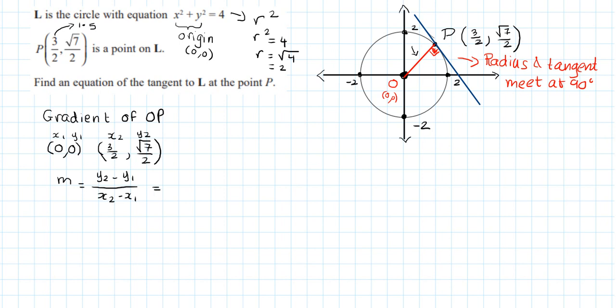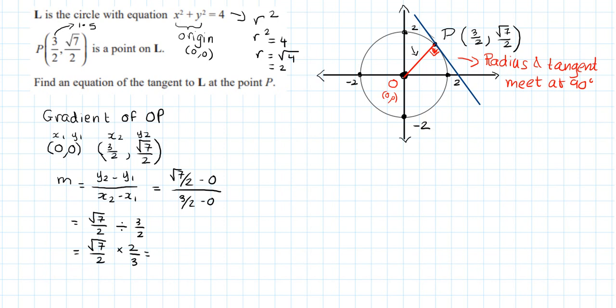So root 7 over 2 minus 0 over 3 over 2 minus 0, which is the same as root 7 over 2 divided by 3 over 2, which is root 7 over 2 times 2 over 3.